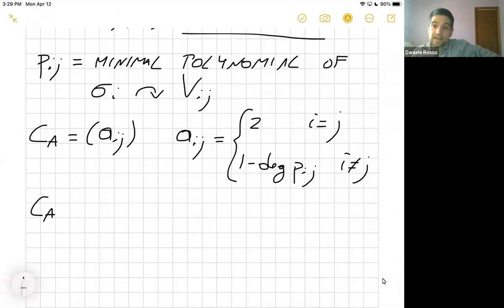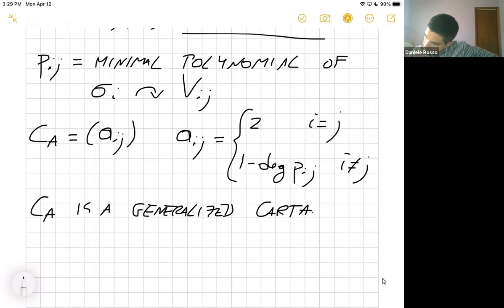So then CA is a generalized Cartan matrix. This was work of Putorni and Hartwig.